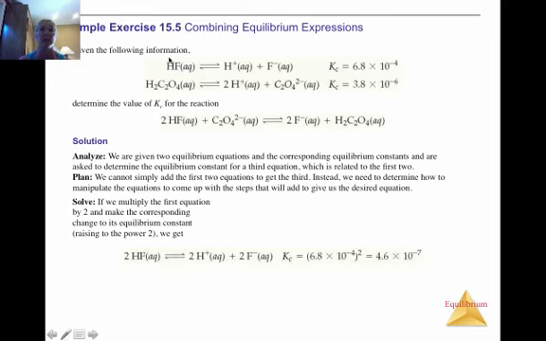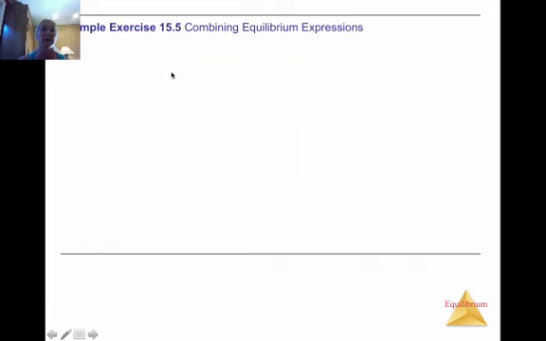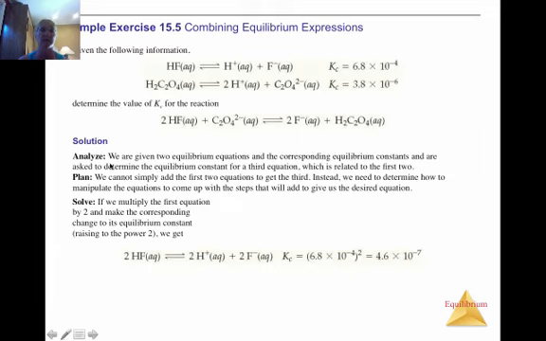So I'm going to take this equation right here and times it by 2. Come on, little pen guy, here you go. Like I said, you got to be patient with your teacher. So I'm going to take this whole equation and I'm going to times everything by 2.